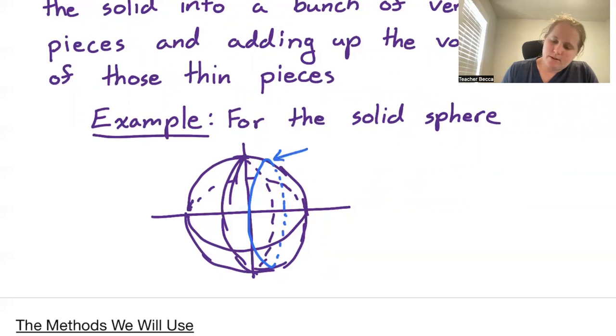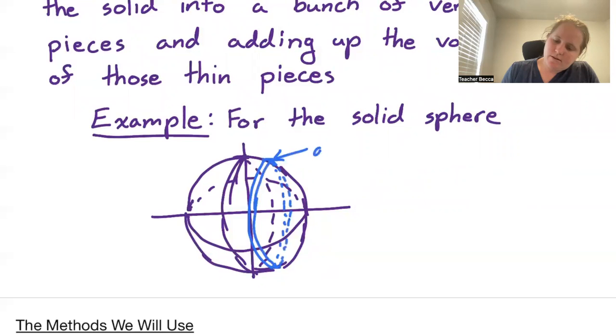So essentially we'll just give it a little thickness, and we could make it basically a disc instead of a circle. So we have a very thin disc, which is a cross section, a vertical cross section.